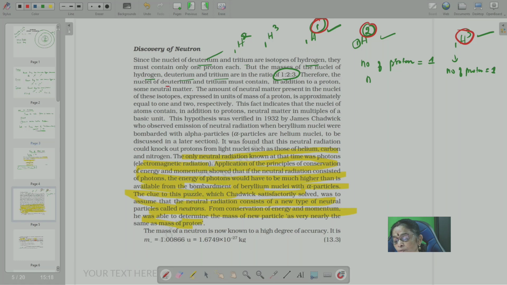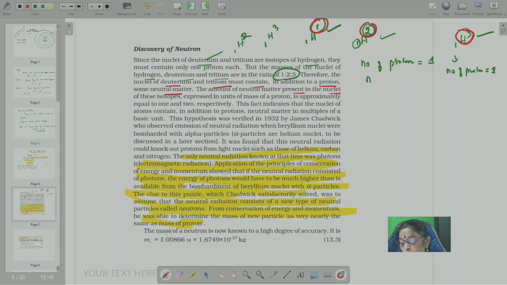Therefore, the nuclei of deuterium and tritium must contain, in addition to a proton, some neutral matter. Why neutral matter? Because the number of protons is equal to the number of electrons, the atom as a whole is neutral. So that means some other particles must be present which have to be neutral.